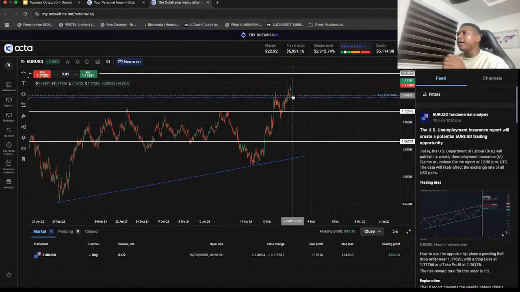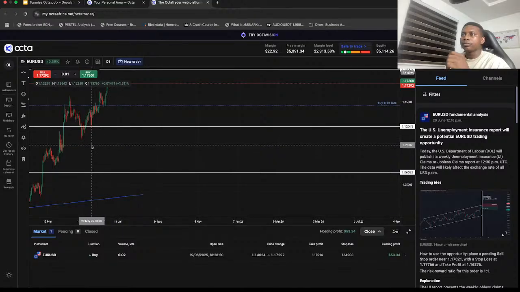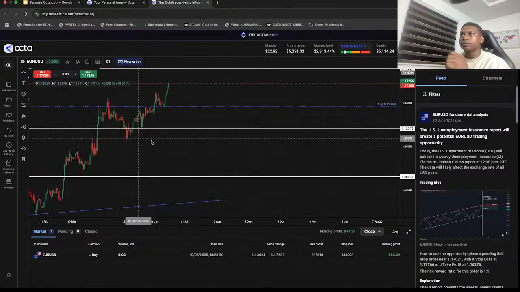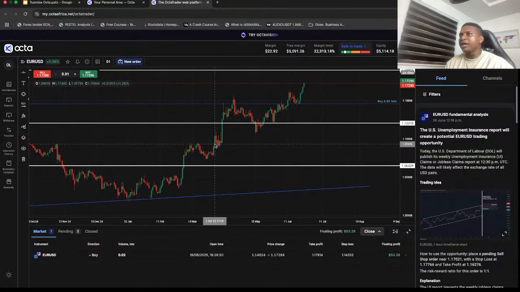Now let's zoom in here. When we zoom in, we can clearly see how price broke out from this level, then a pullback happened, rallied a bit, then a push up, then a pullback, then a push up.